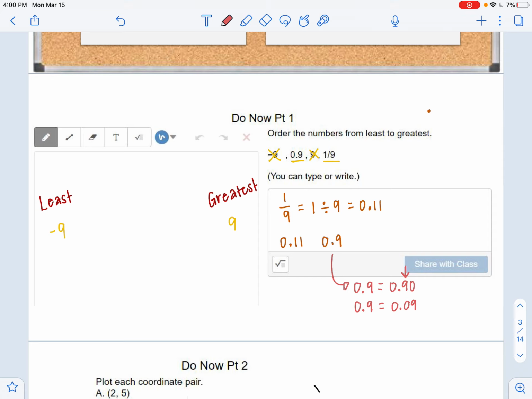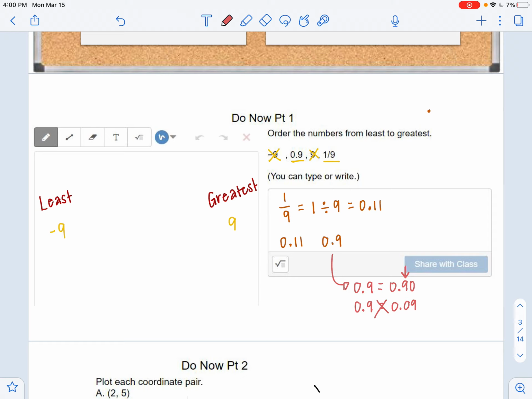But notice that when we're talking about decimals, you can always add a 0 to the right, and it won't change the value of the number. 9 is in the tenths place, so if we add a 0 in the hundredths place, it's just showing us that 0.9 is really 0.90, whereas this is not true.